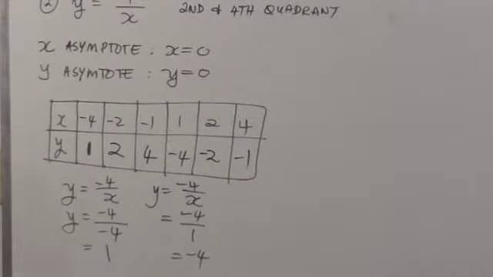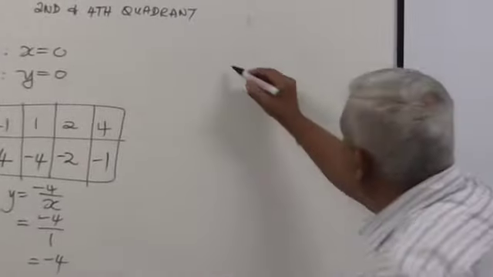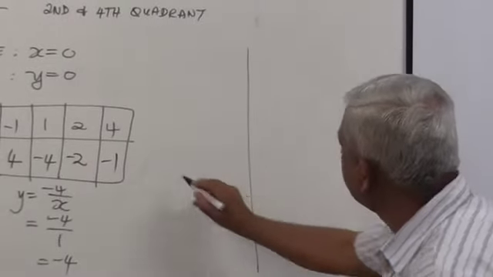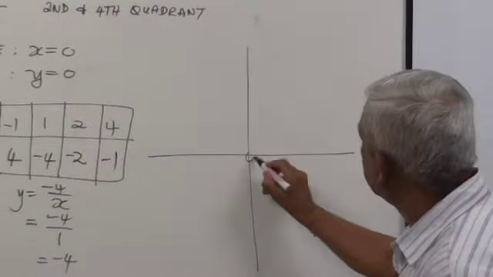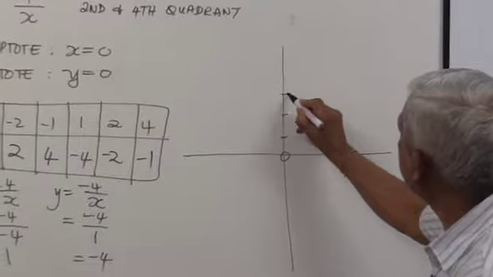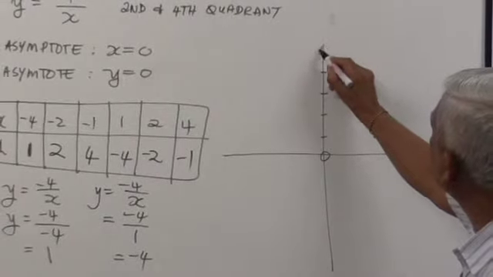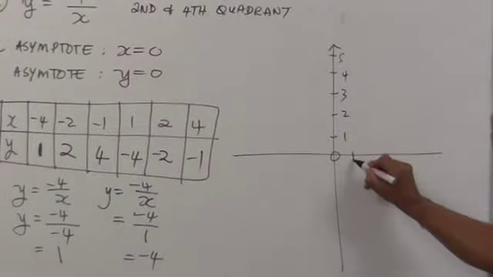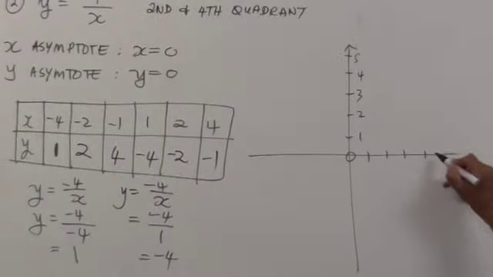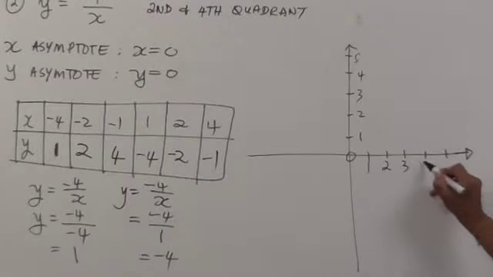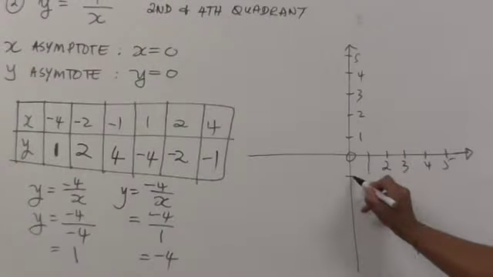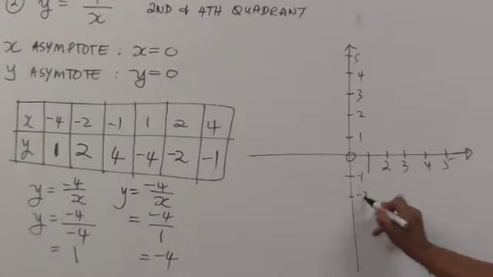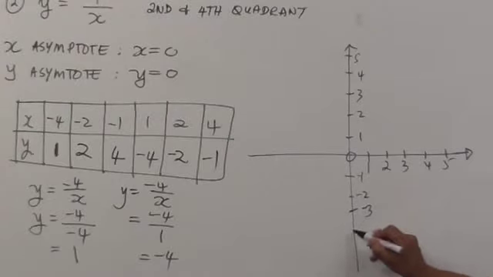Right, let's move over. So, 0, 1, 2, 3, 4, 5.